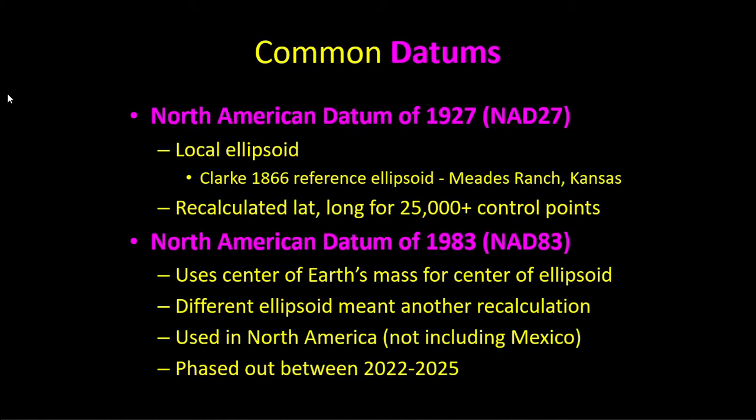And since we're using a new ellipsoid, it caused a new recalculation of lat-longs across the country. So this is used in North America, not including Mexico, and it's going to be phased out. It's supposed to be phased out in 2022, but it looks like it's going to be phased out in 2024. So there will be something else that replaces this particular datum here in North America.